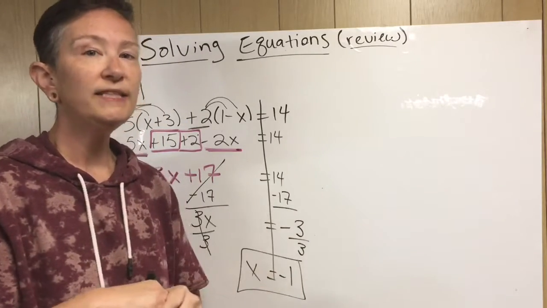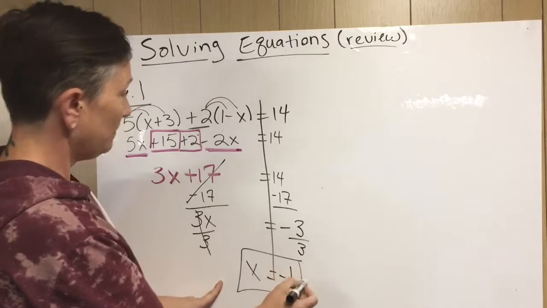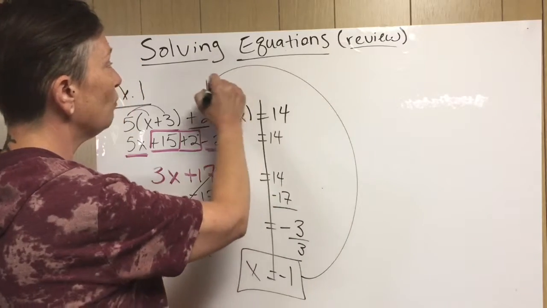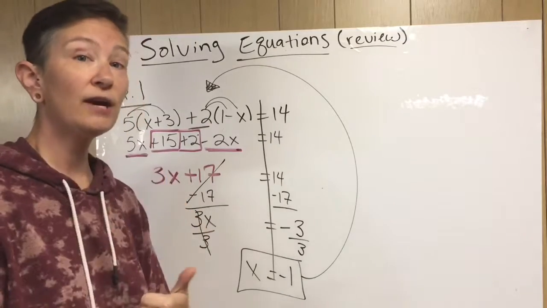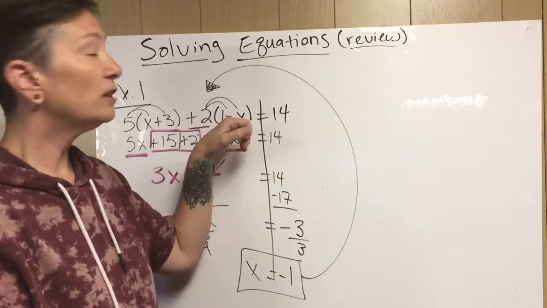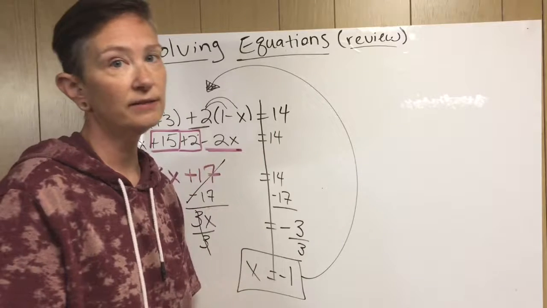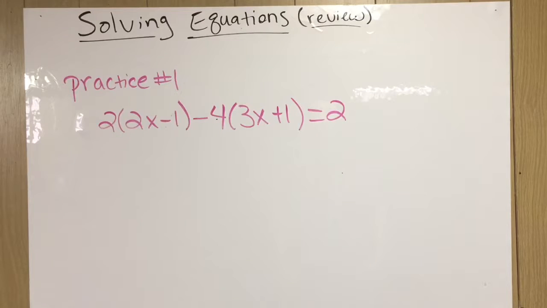It might be a good idea for you to go back and substitute that negative 1 for x into your original equation and check that solution to see if this left-hand side does equal the right-hand side. Now it's time for you to pause this video and practice in your notes the following practice problem.